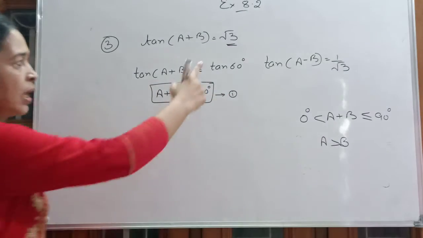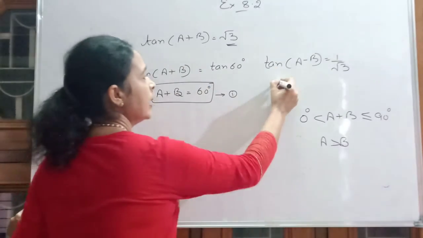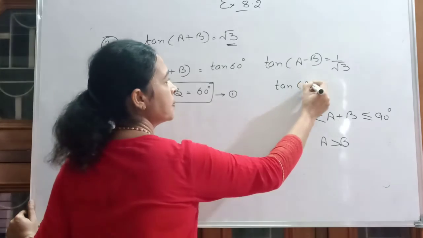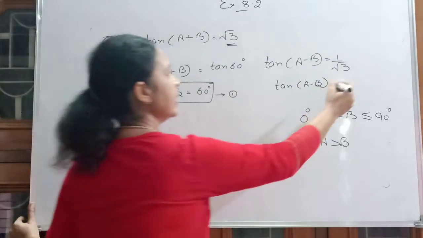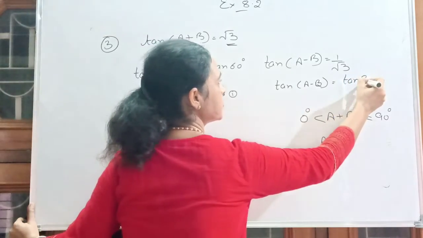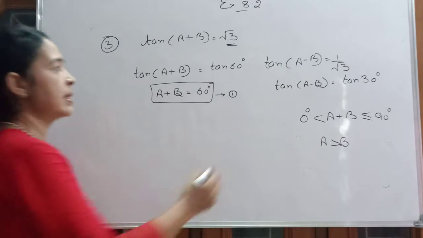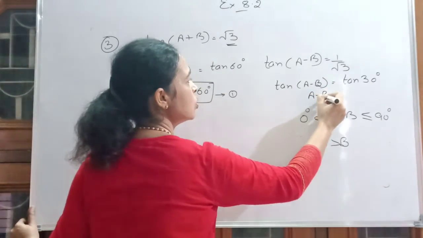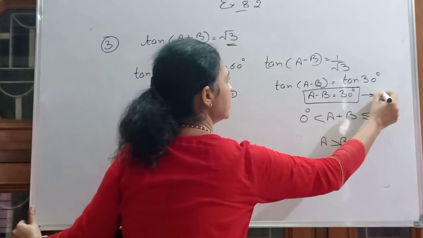Clear? Now, tan A minus B equals to 1 by root 3. Tan A minus B, 1 upon root 3 can be written as tan 30 degrees. On equating both the tans, A minus B will be equals to 30 degrees. This is our equation number 2.